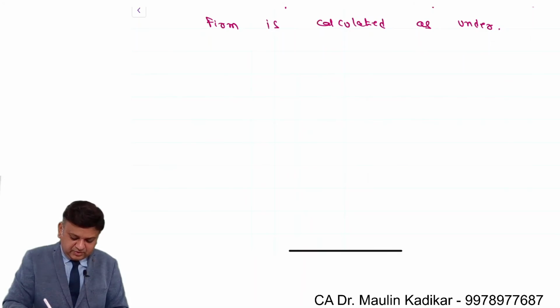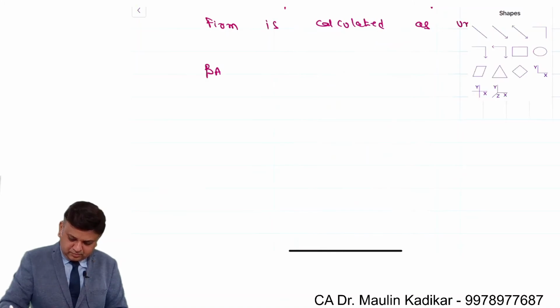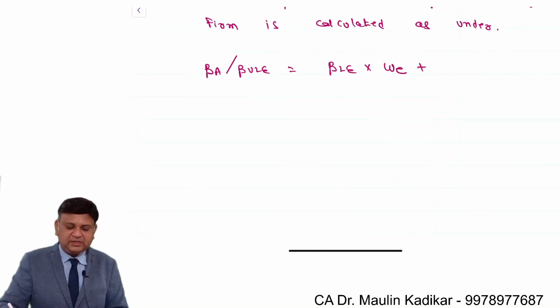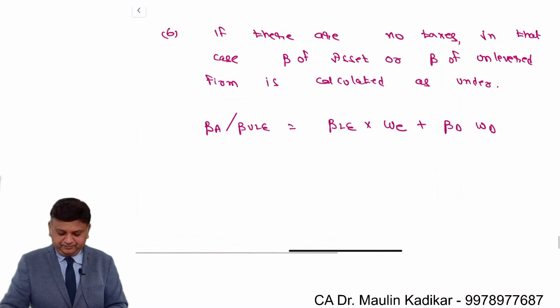So in that write down the formula: beta of asset, or beta of unlevered equity, is equal to beta of levered equity into weight of equity plus beta of debt into weight of debt.